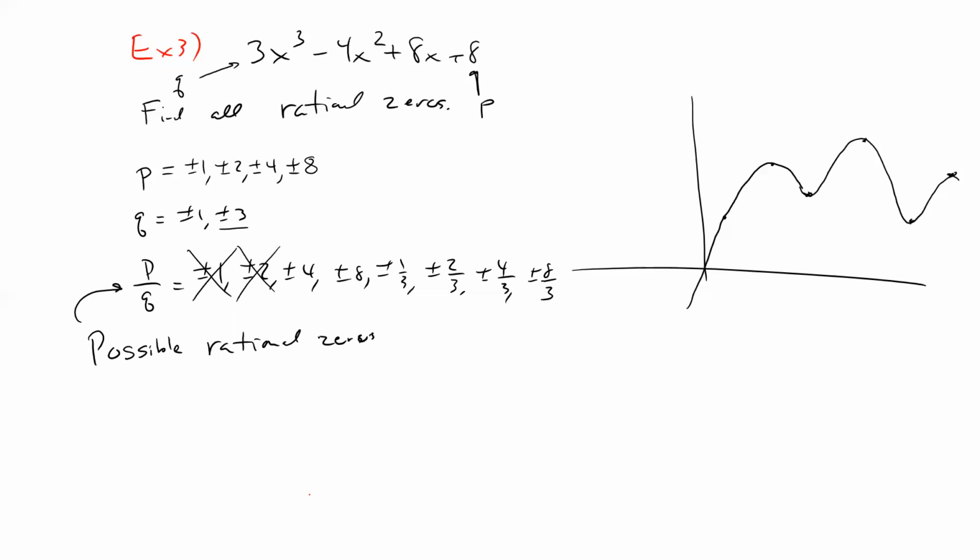Maddie, positive 2/3. Camille, negative 2/3. Charlie, 4/3. Negative 4/3, Owen. And positive 8/3. Abe, and negative 8/3, Dylan.